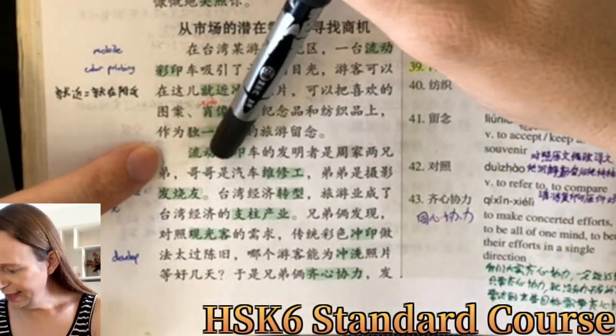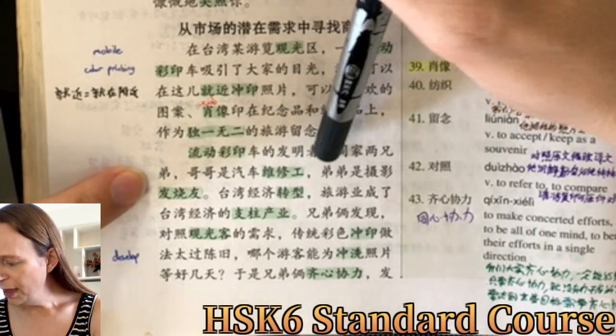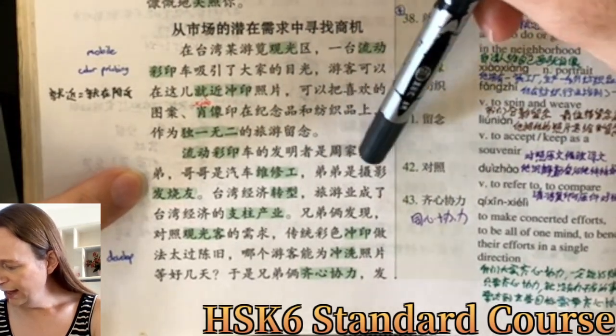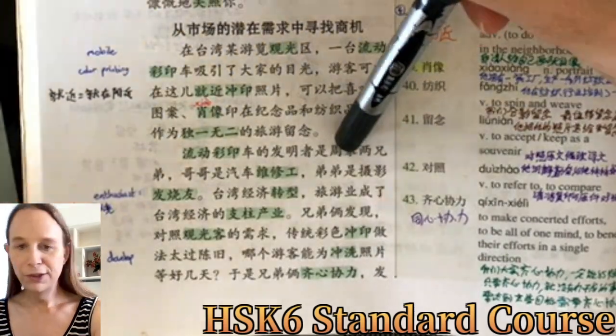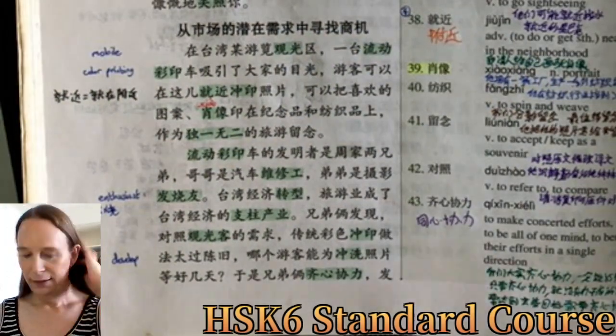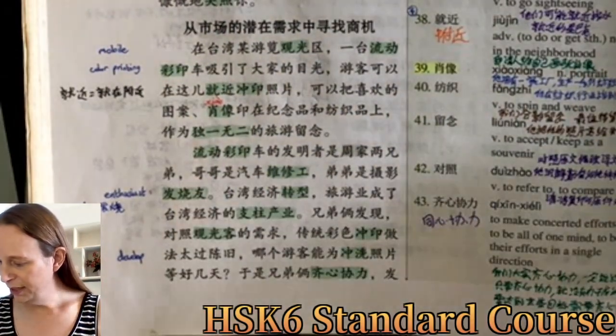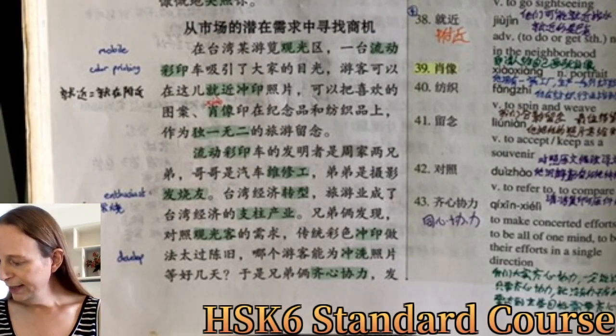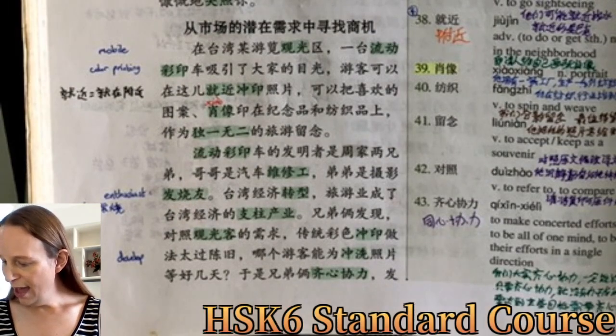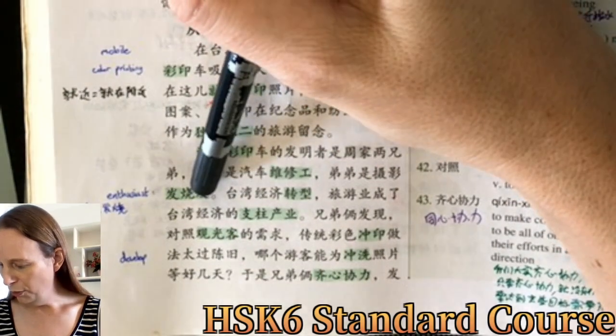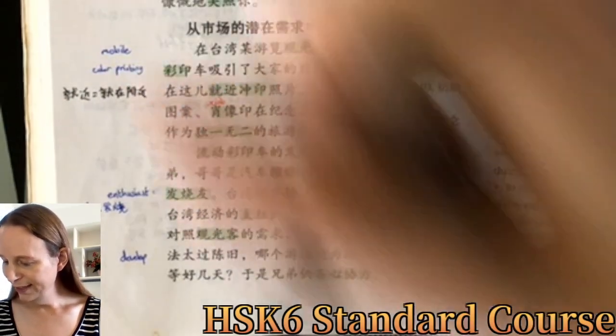流动财印车的发明者是周家良兄弟。So Zhou here is their surname, right? So the Zhou family's brothers. 哥哥是汽车维修工，弟弟是摄影发烧友 enthusiast 发烧友.